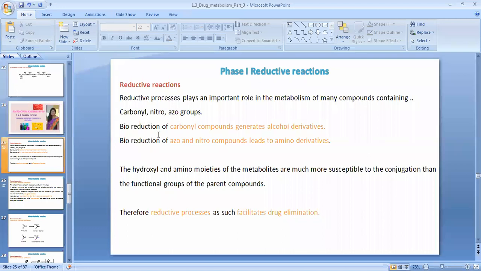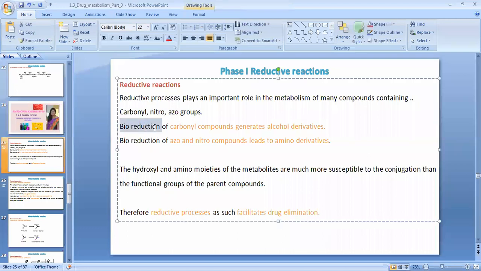पण कशा पद्धतीनं? By bioreduction. Bioreduction means if enzymatic conversions असतील तर. कार्बोनिल कंपाऊंडचा प्रेझेन्स आपण ऑक्सिडेटिव्ह कन्व्हर्जन्स मध्ये पण घेतला, but that is chemical oxidation.